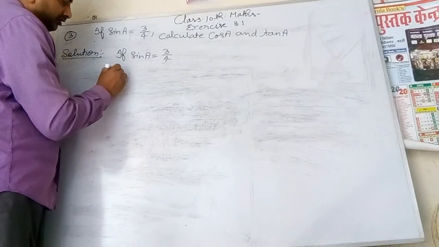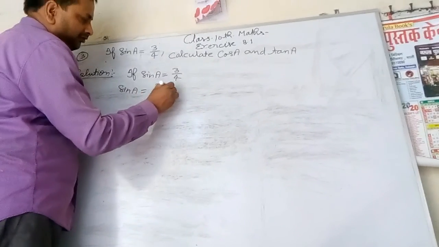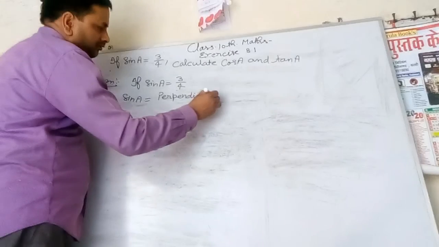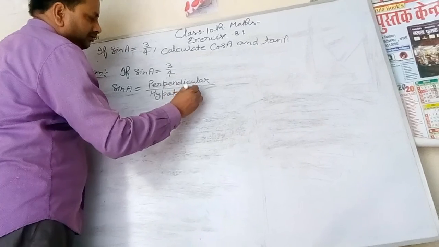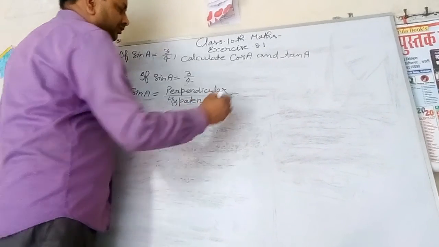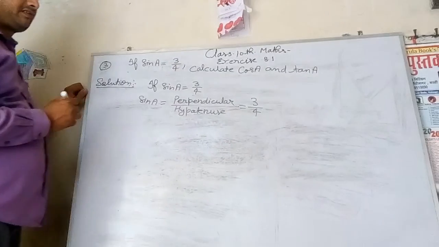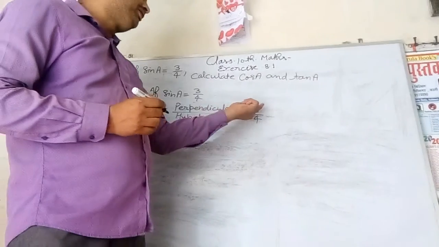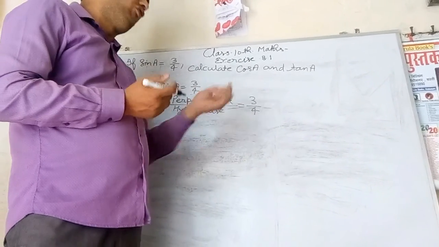So sin A also equal to perpendicular upon hypotenuse equal to 3/4. Means perpendicular is 3x unit and hypotenuse is 4 unit.